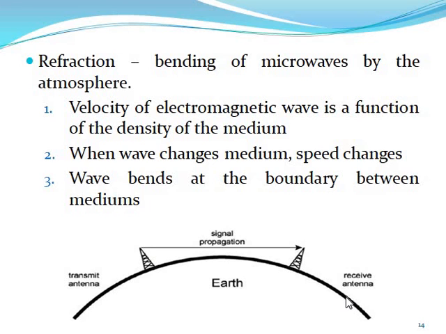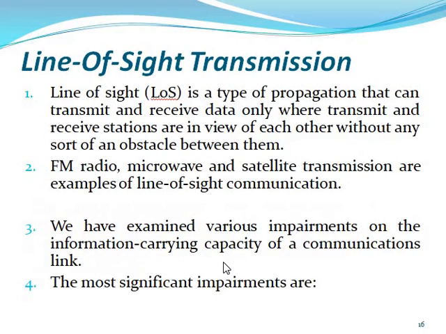So here the antenna is here. That time the signal medium is changed. That time the boundaries change, the speed is very low, and problems occur in receiving the signal. So this is the line of sight wave you can show.